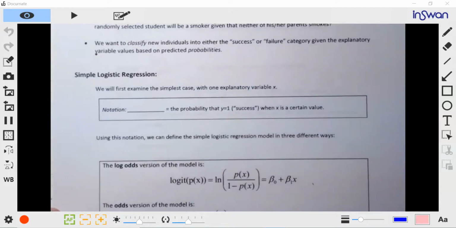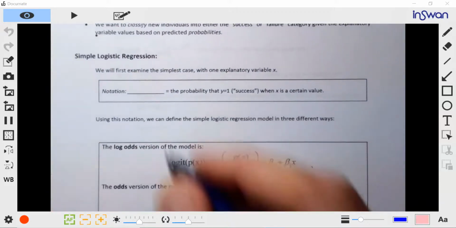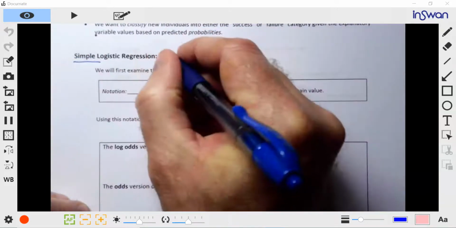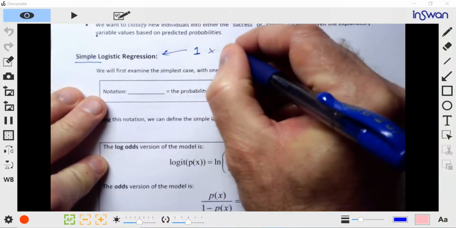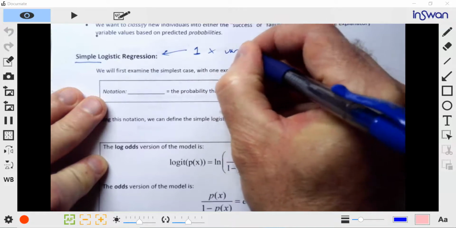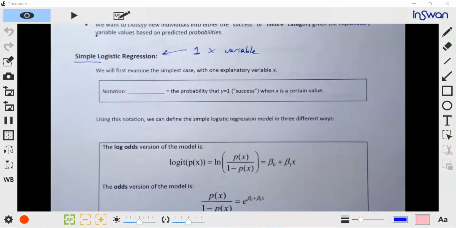So we'll start off talking about simple logistic regression. And remember, simple, as with linear regression, just means one x variable. So we're starting off simple here.